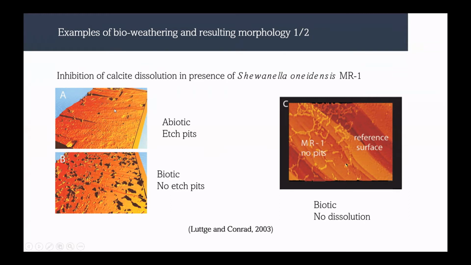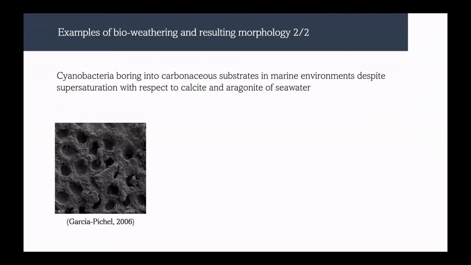So here we can see that in abiotic conditions we have etch pits and we have dissolution, whereas in biotic conditions, the presence of Shewanella strains on the surface stops dissolution, so we don't see etch pits. And also, if we compare the reference surface with the reactive surface, we don't see any surface retreat. We don't see any height difference. So we don't have dissolution in presence of this strain.